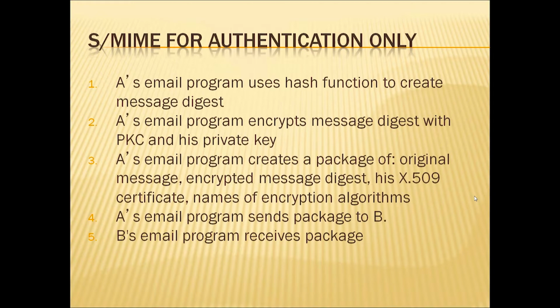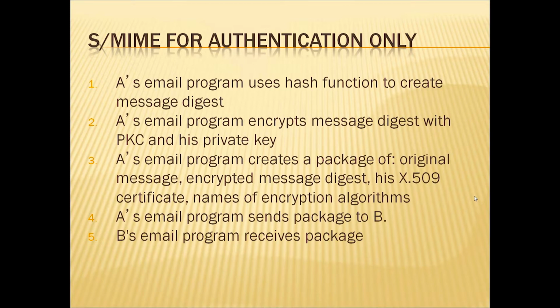The email program uses a hash function to create the message digest. Remember that this hash function is the same that B will also use, because the package will indicate which hash function has been used. A's email program encrypts the message digest with PKC and its own private key.